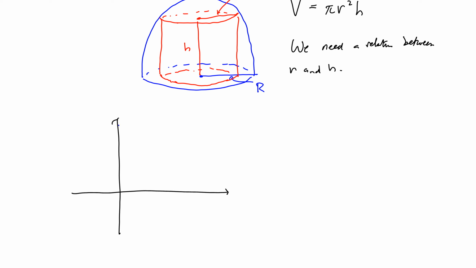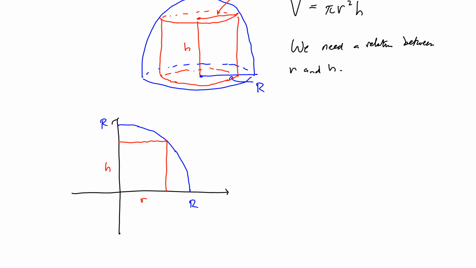So then my hemisphere would look like this, and this would go out to R, and this would go to R. And my cylinder would look something like this, with this r and this h.